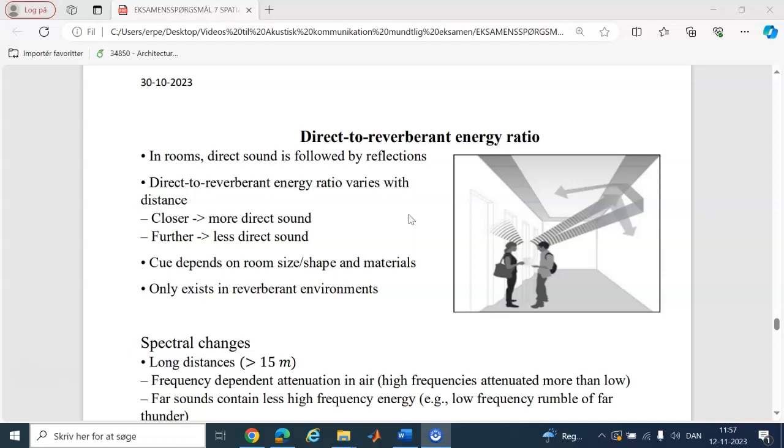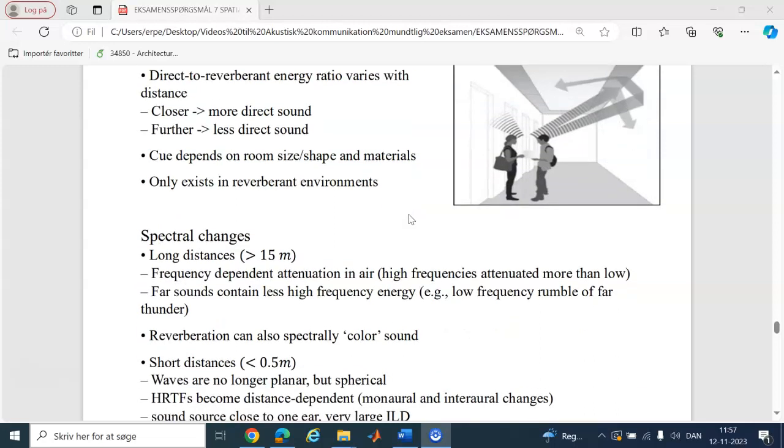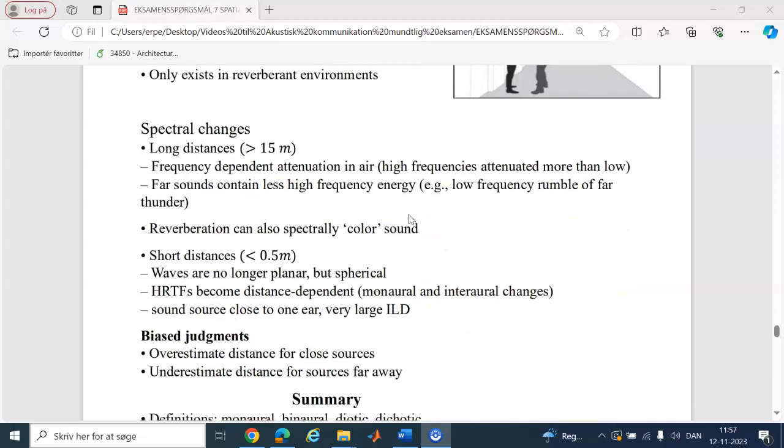Direct to reverberant energy ratio varies with distance. Closer means more direct sound, further away, less direct sound. It depends on the room size, shape, and materials. Only exists in reverberant environments.